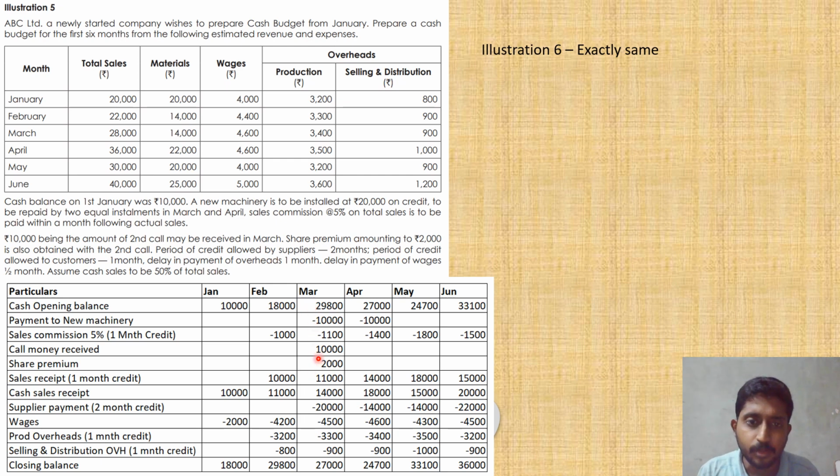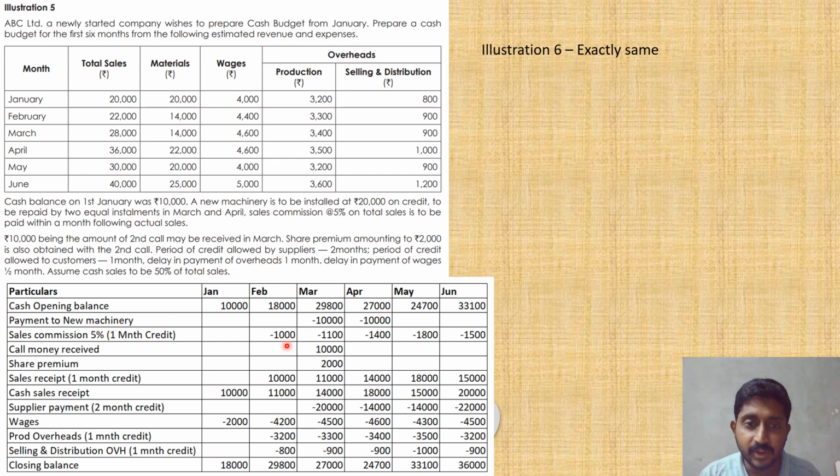Now March is going to have tedious transactions because that is the year end. So there will be a lot of transactions. Yes, we are plotting all the transactions, we are adding all the transactions. So be very careful in plotting the negative sign and positive sign.